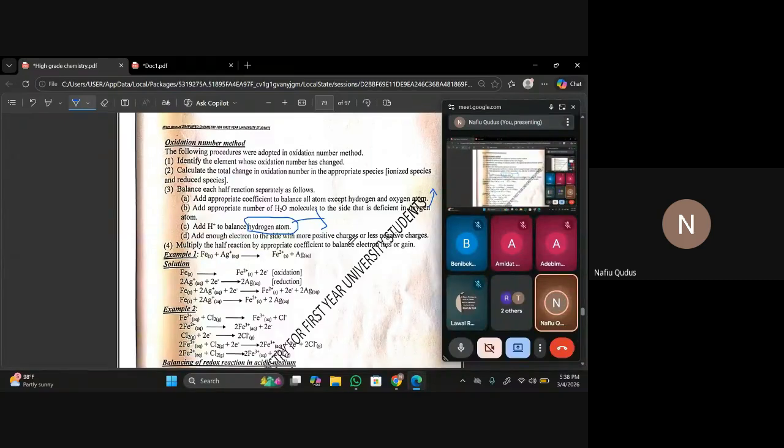We are going to understand that as we are moving. The last one is that multiply the half reaction by appropriate coefficient to balance the electron loss or gain.